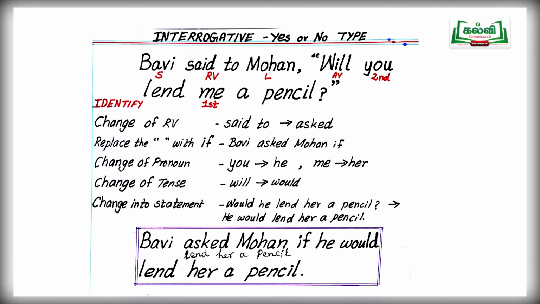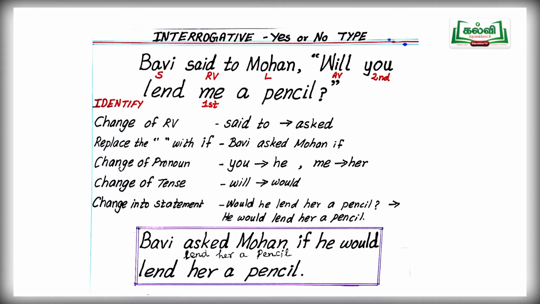Then in the interrogative, yes or no type, Bhavi said to Mohan, will you lend me a pencil? First step is identify speaker, reporting verb, listener, will auxiliary verb, you second person, me first person. Change of reporting verb: said to becomes asked. Replace the inverted comma with if.